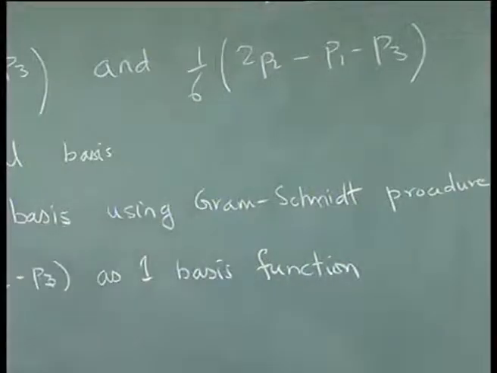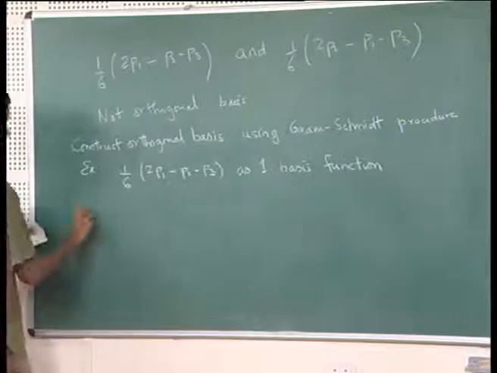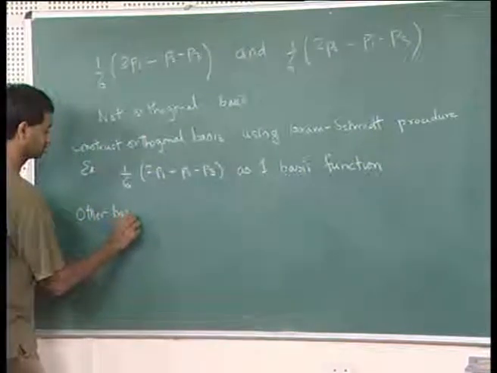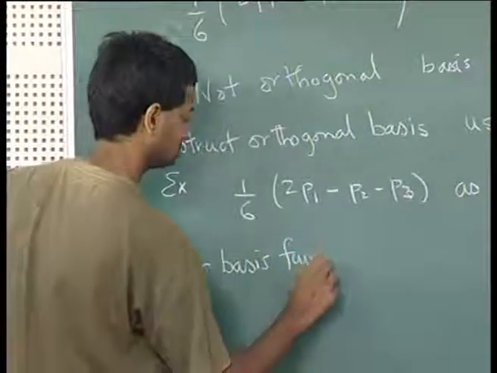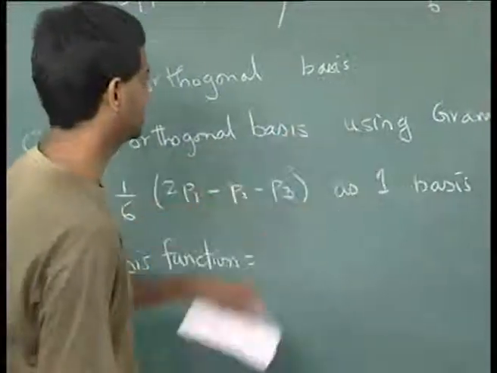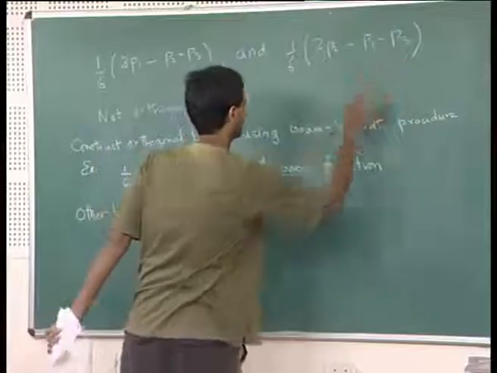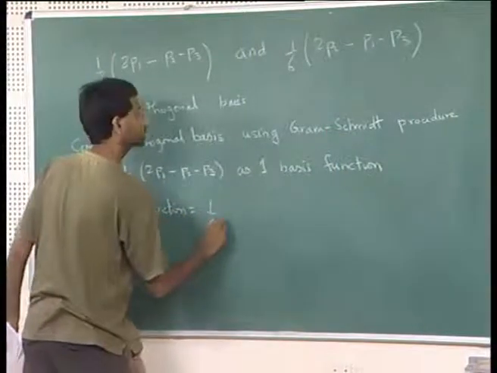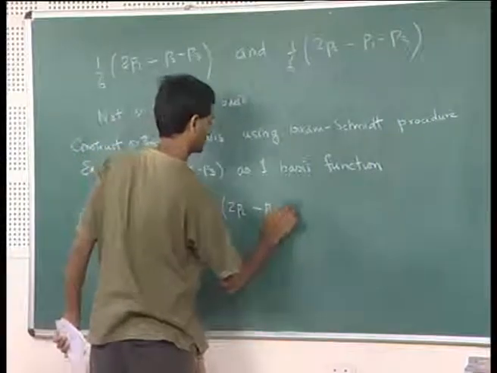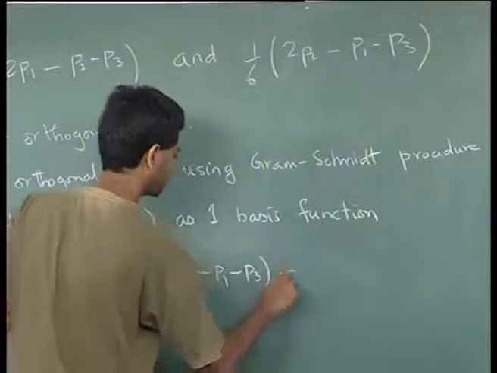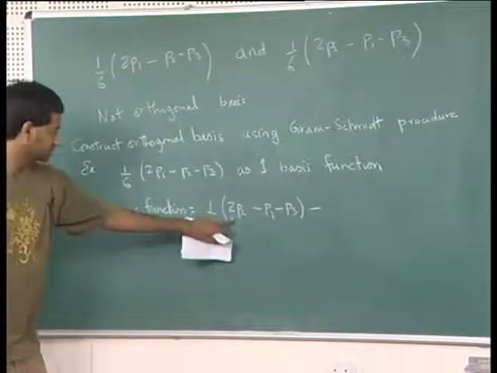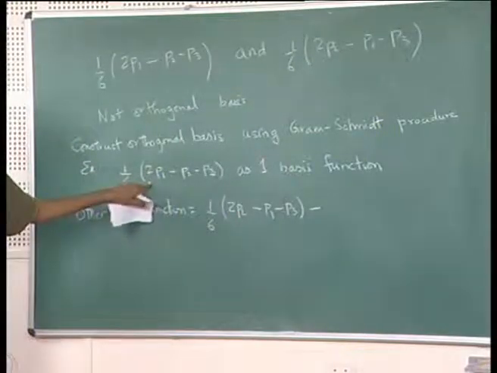Now, the other basis function is given by this function, 1 by 6 (2p2 minus p1 minus p3), and from that you subtract the projection of this onto this vector.